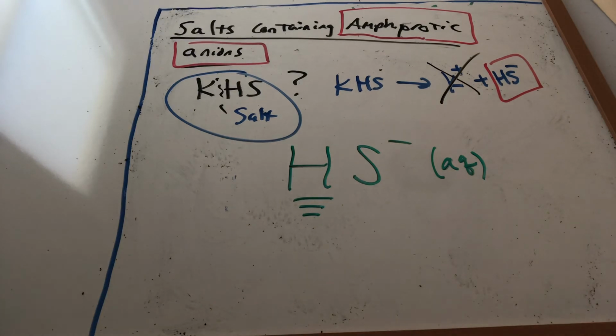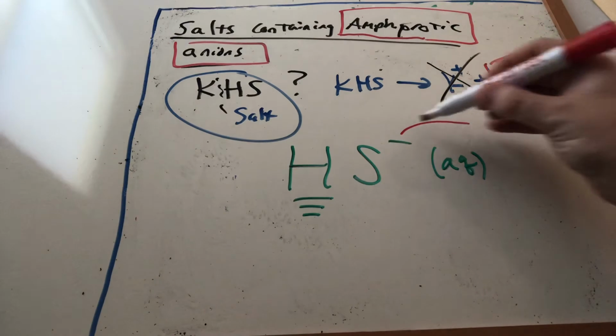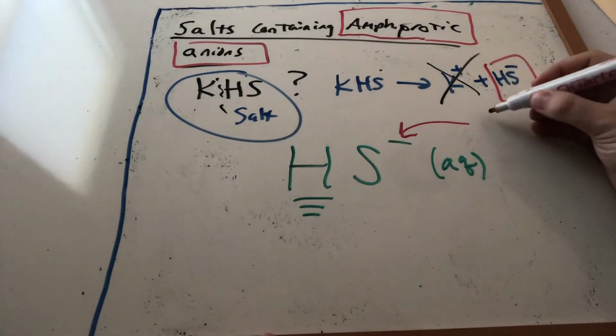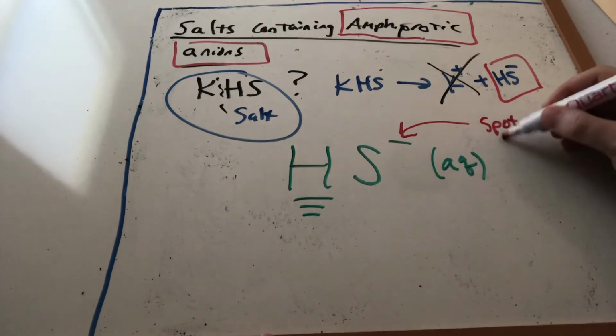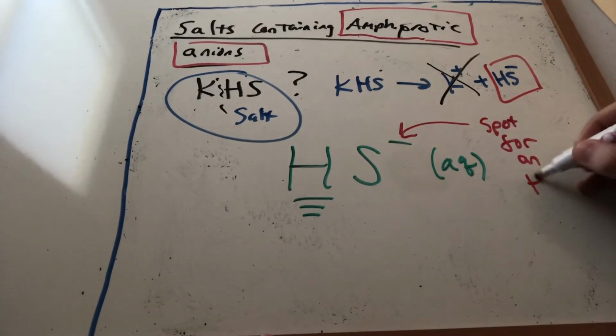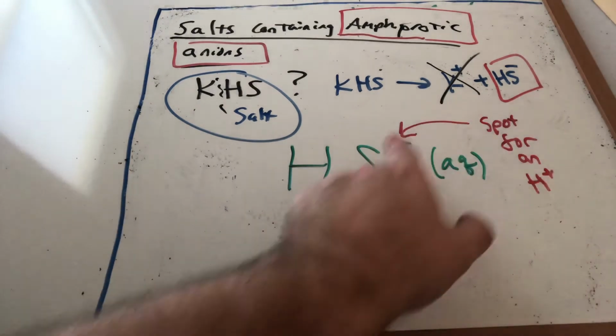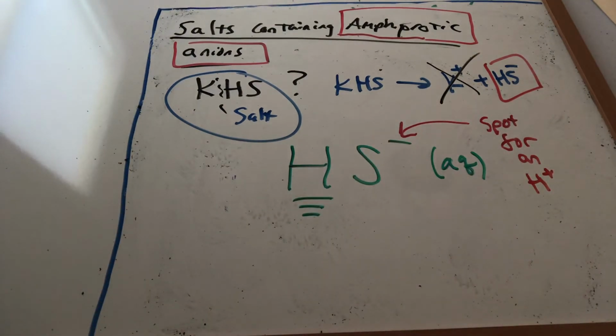But I also see that it has a negative sign here, so it has a spot for an H plus. That negative could attract an H plus, and if it grabs onto an H plus, it would be acting like a base.